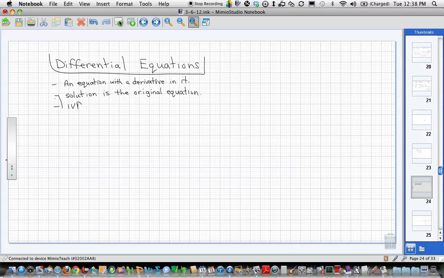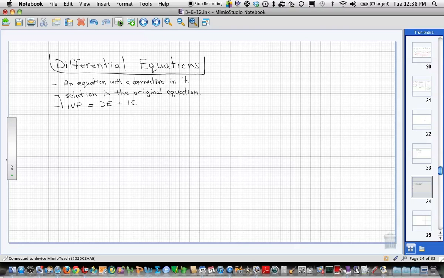And then we also learned that an IVP, an initial value problem, is what? What's an initial value problem? Yeah, it's a differential equation plus an initial condition, and that initial condition allows you to find the C, right?